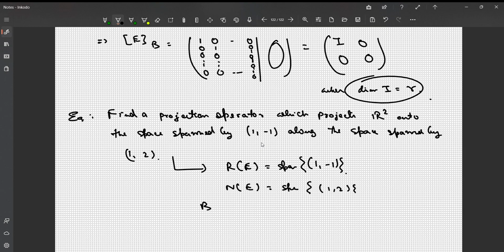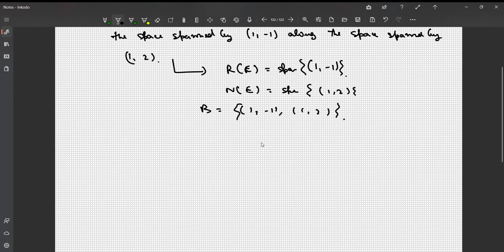So basically we have this basis 1, minus 1 and 1, 2 of the vector space R2. Is it clear? So what we actually do is that we just quickly come up with this matrix form, and that is everything which we need to do.